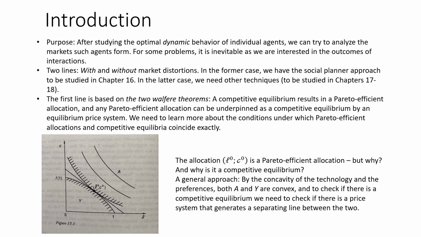So this is what the first welfare theorem claims. And the second welfare theorem is the reverse of the first one. It says that any Pareto-efficient allocation can be sustained as a competitive equilibrium by an equilibrium price system.